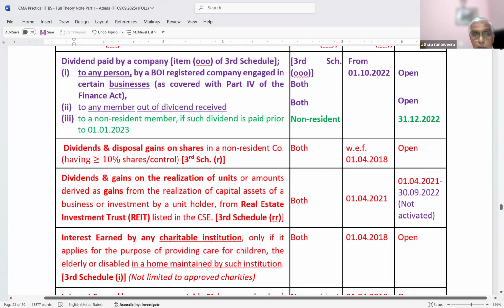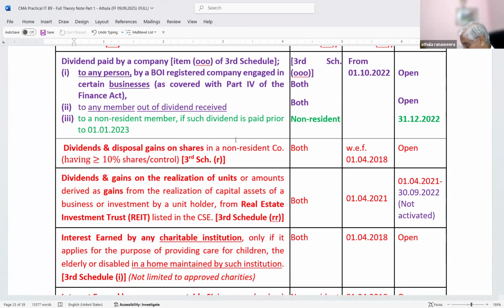Then dividends and disposal gain of shares in a non-resident company. If I buy more than 10% of shares of an overseas company, I am considered a major shareholder.